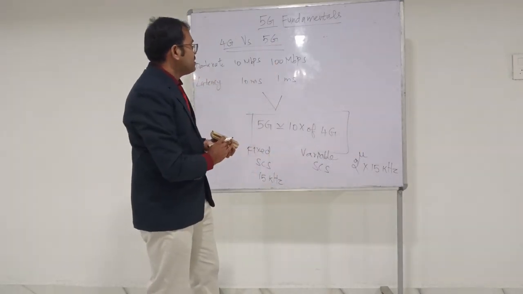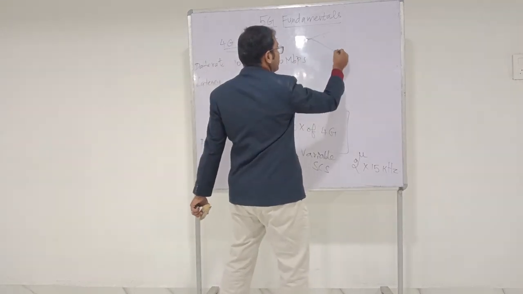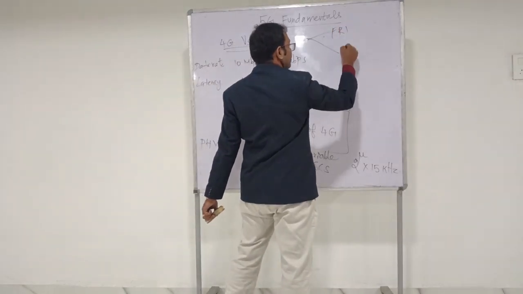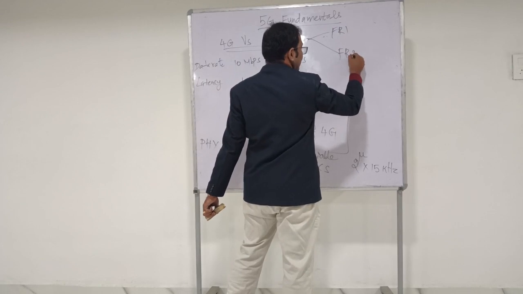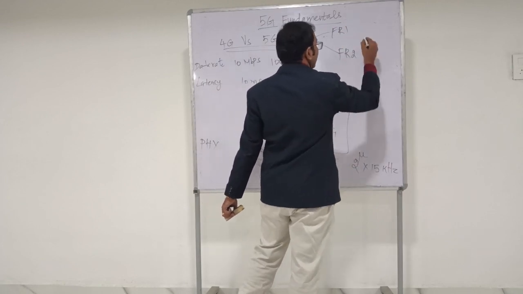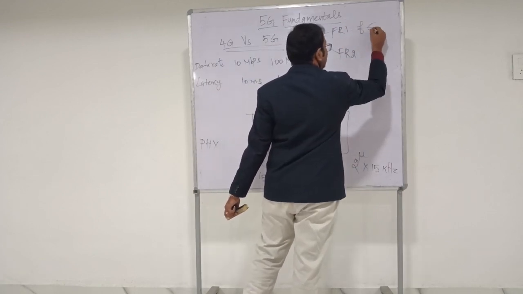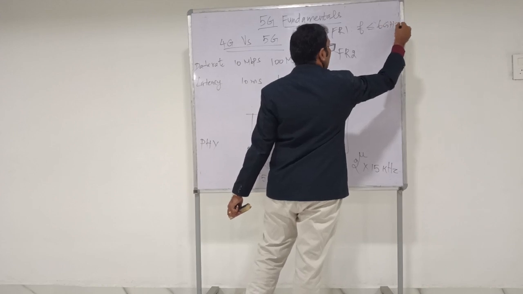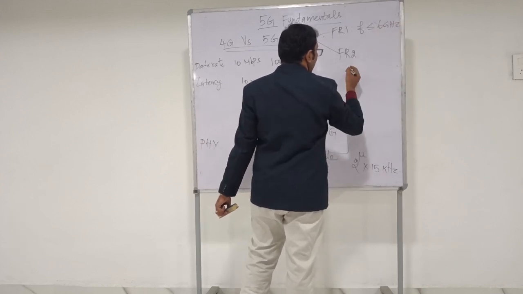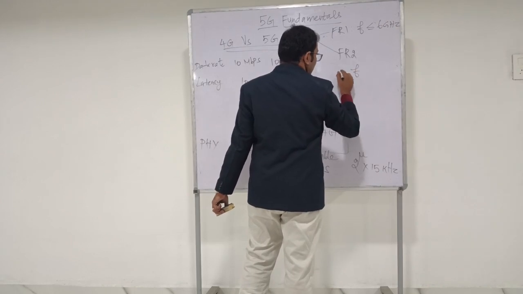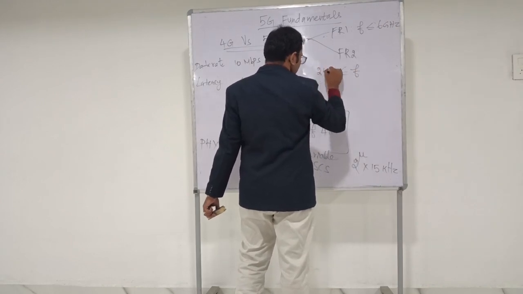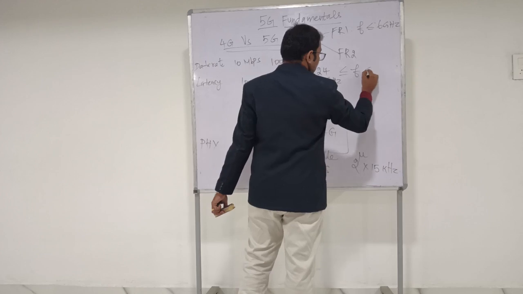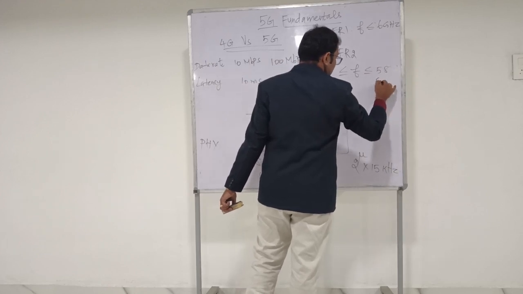In 5G we generally split the frequency ranges into FR1 and FR2. These are the two frequency ranges. FR1 represents frequencies less than 6 gigahertz, and FR2 is your millimeter wave, with frequencies ranging between 24 gigahertz up to 58 gigahertz.